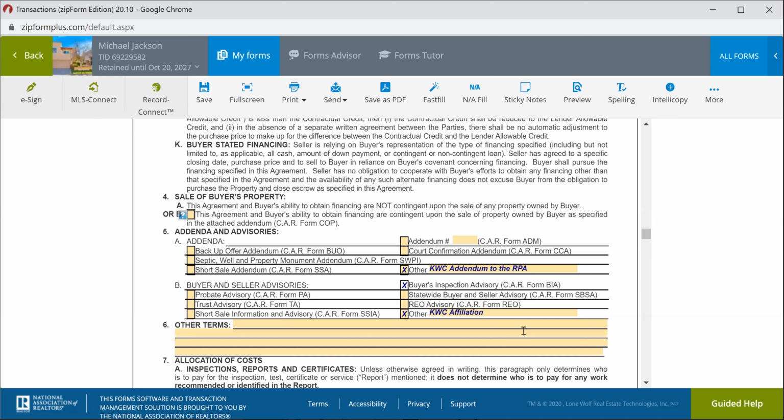What does this addendum do? Like, what is it meant for? So your Keller Williams addendum just addresses different issues that can be local to your particular area.